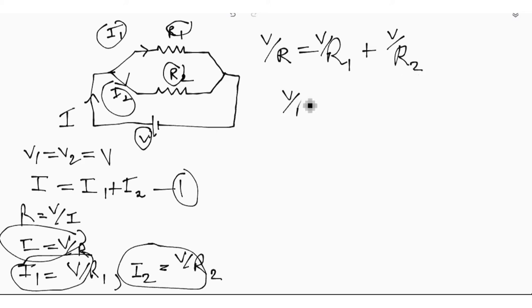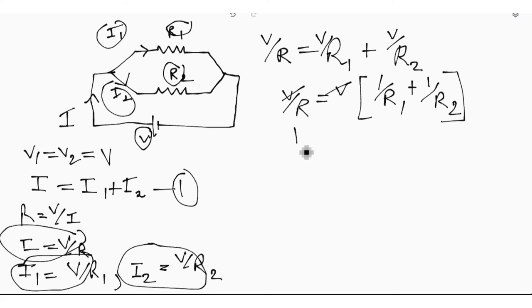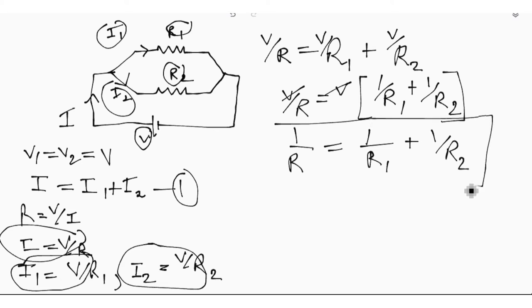Or V by R is equal to V common, 1 by R1 plus 1 by R2. Since both sides have V, we can cancel out V. So finally what we get is 1 by R is equal to 1 by R1 plus 1 by R2. This is the required relation for resistances connected in parallel.